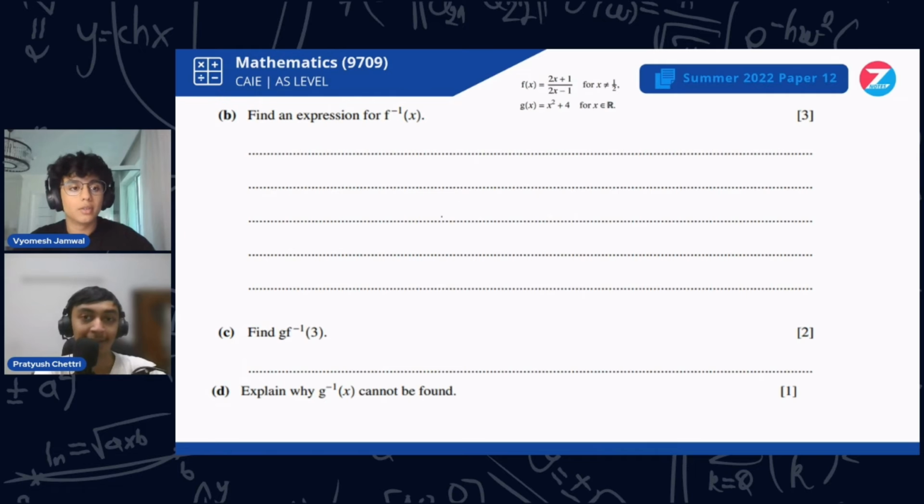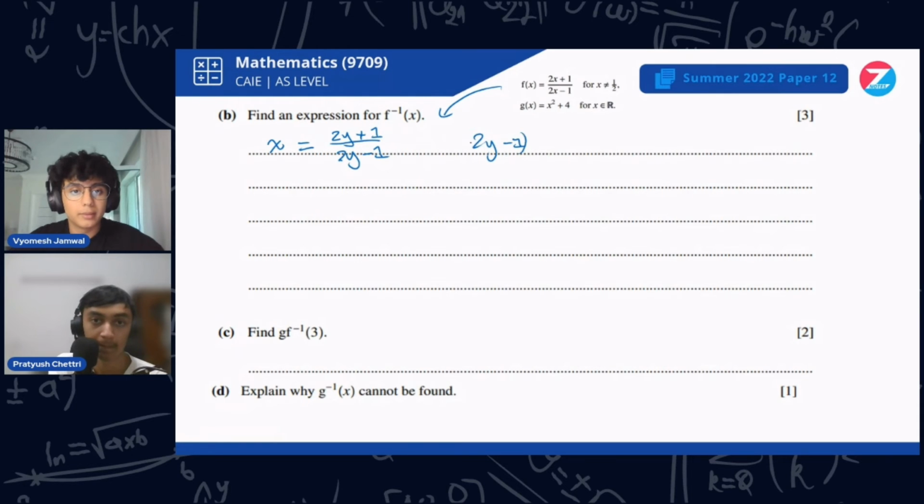So Vyomesh, guide us through this. Sure. So what I'm going to do is flip the signs. I'm going to replace the f of x with y, and after that I'm going to flip the signs between the x and y. So it's going to start with x equals 2y plus 1 upon 2y minus 1. And so I'm going to make it in terms of y. So I'm going to multiply both sides by 2y minus 1.